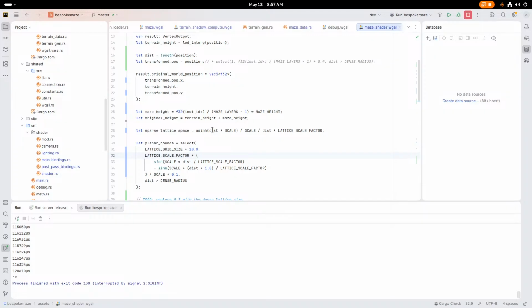Most likely. Well, for one, this should be the absolute value. Right? I mean, that's kind of a no-brainer.